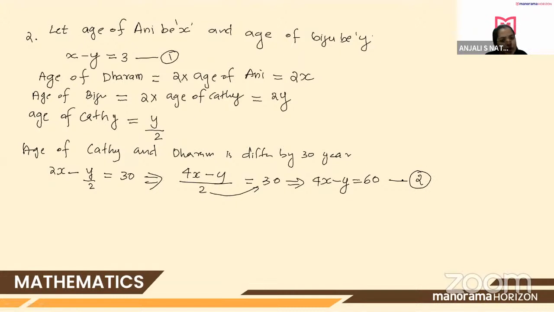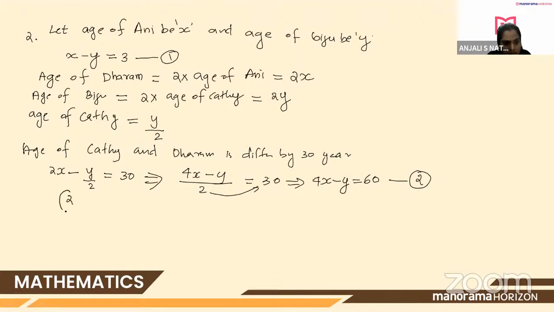So we get two equations. The first equation is x minus y is equal to 3 and the second equation is 4x minus y is equal to 60. So here we can use the elimination method because we can eliminate the variable y from the two equations. Okay.